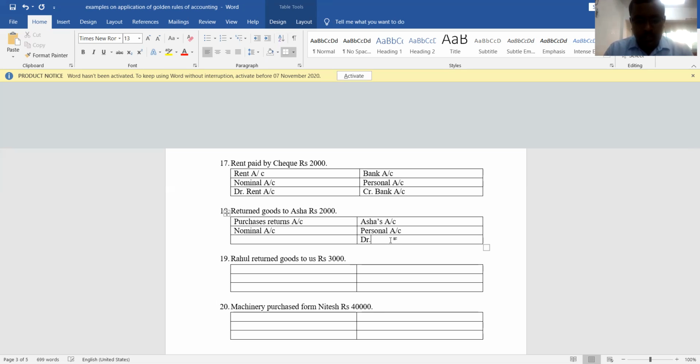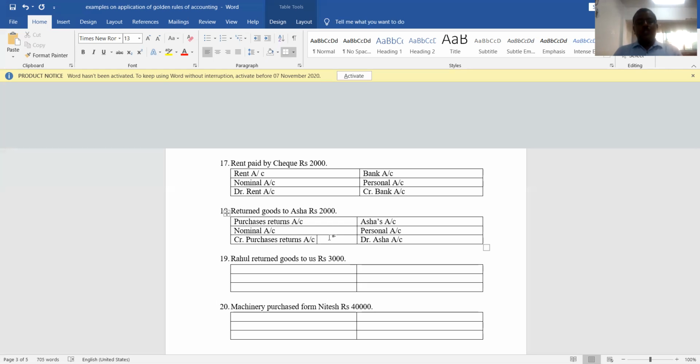So debit is the receiver. Debit Asha's account. Then credit which account? Credit purchases returns account. Very simple.